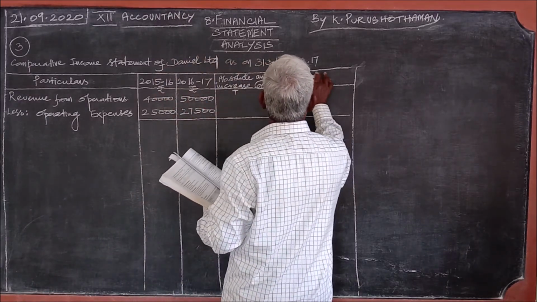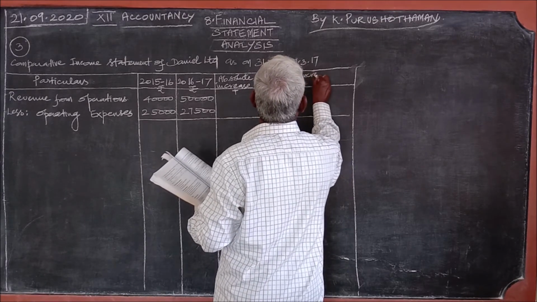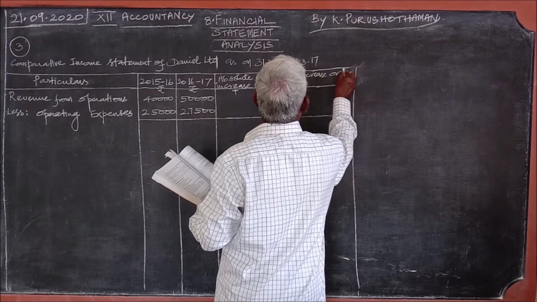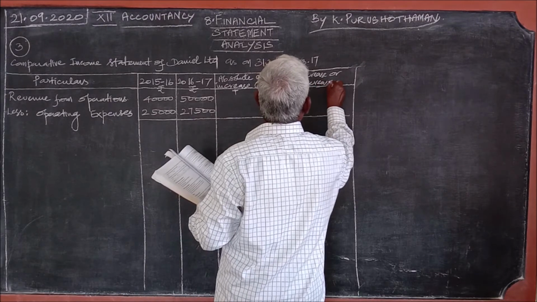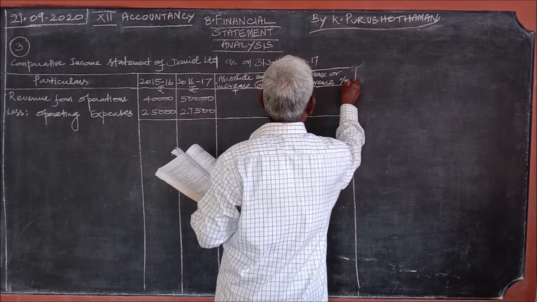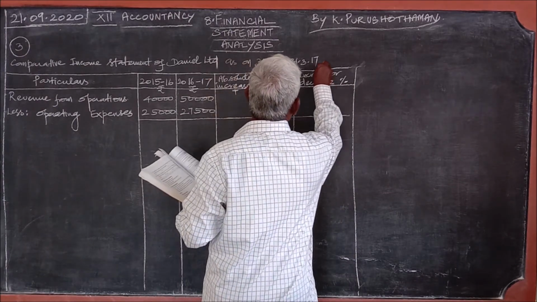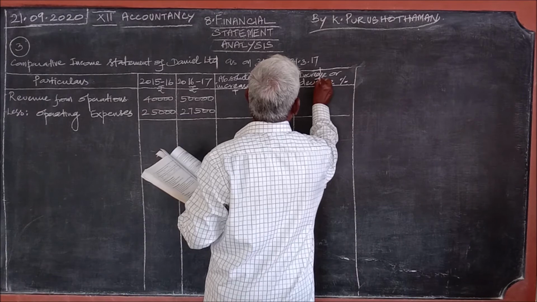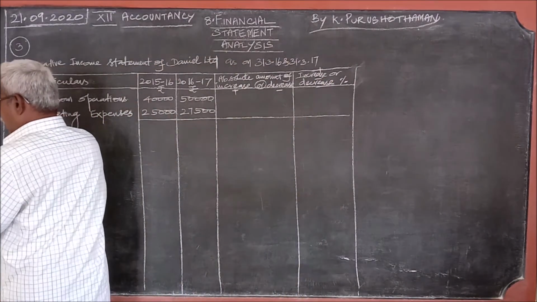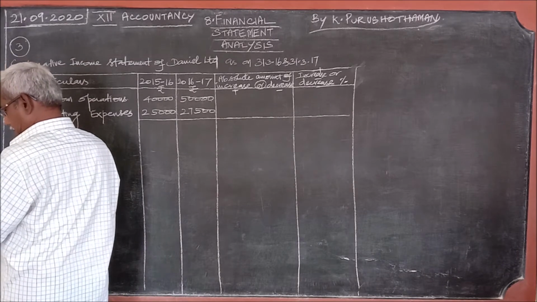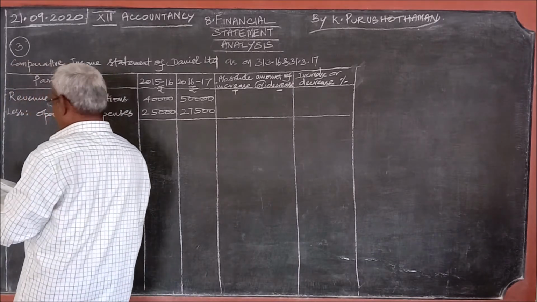Then here, increase or decrease percentage. If it is an increase, we write plus; if it is a decrease, we write minus. After doing this, we should go for the other items also.